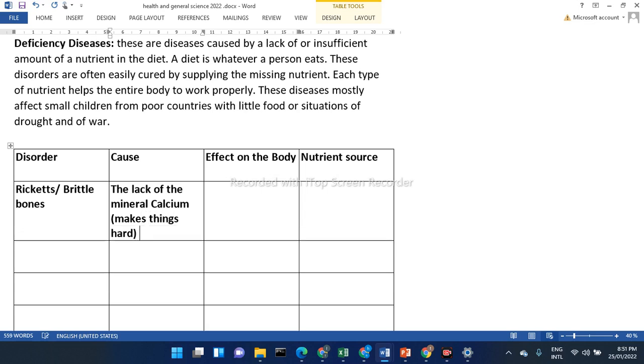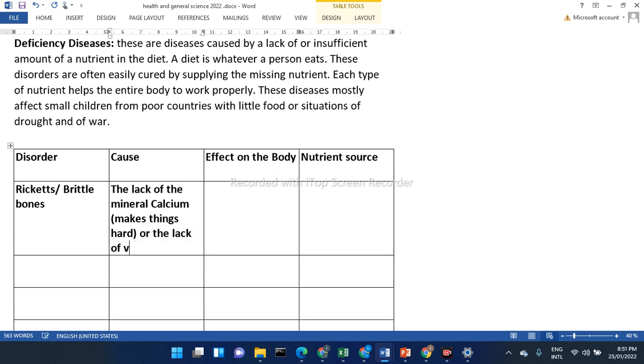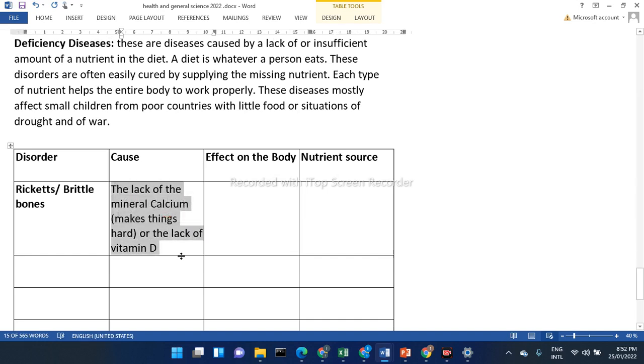And vitamin D. Where could we get vitamin D from? The sun.